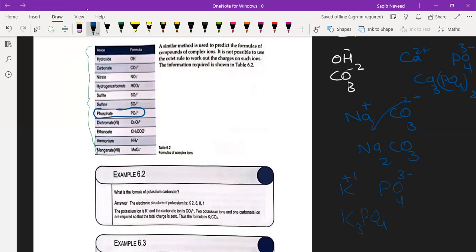Now the point is, where can you find the charges on elements like sodium, potassium, calcium? From where can you get help? Simply from the periodic table, right? The elements belonging to group 1 have +1 charge. What about group 2? +2 charge.